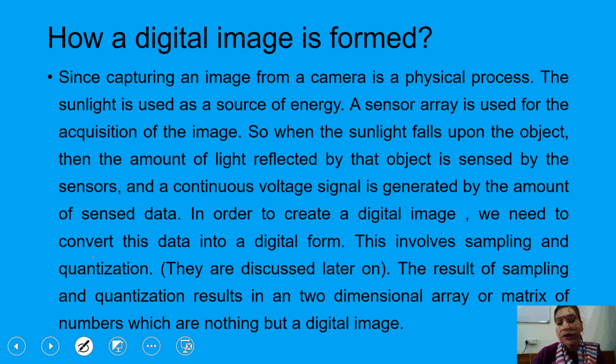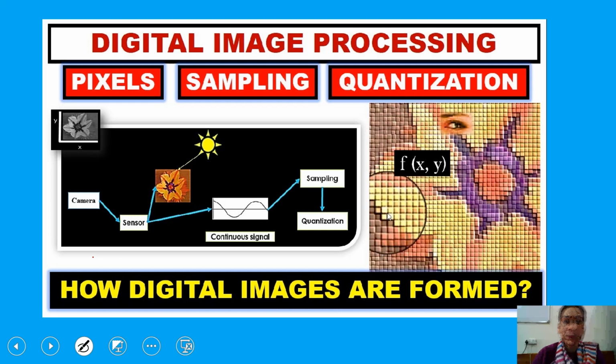In order to create a digital image, we need to convert this data into digital form. This involves sampling and quantization. These two are discussed later in the lecture series. The result of sampling and quantization is a two-dimensional array or matrix of numbers, which is nothing but a digital image.